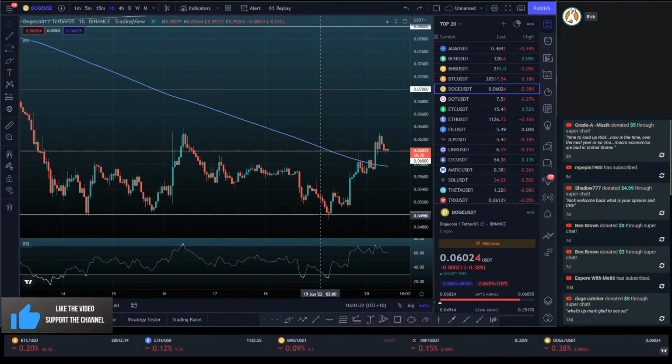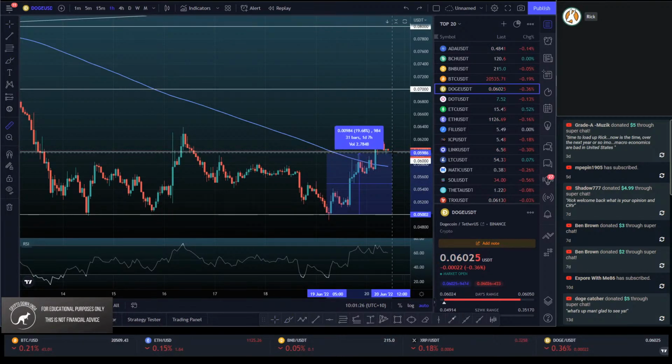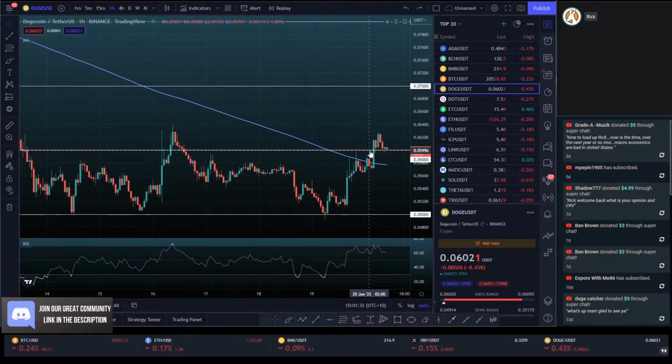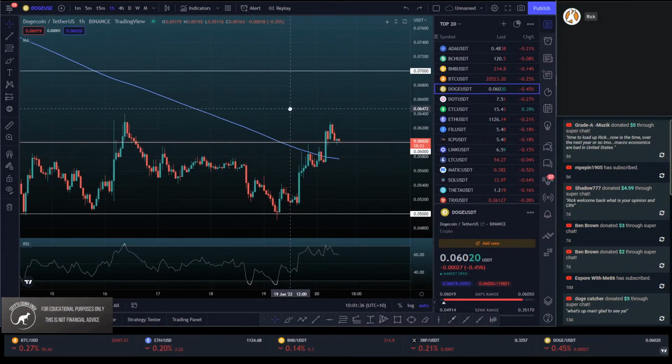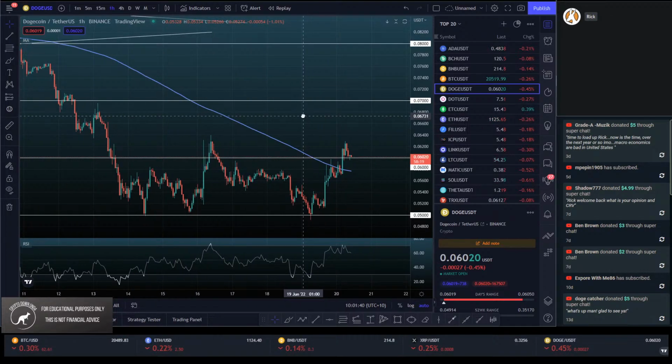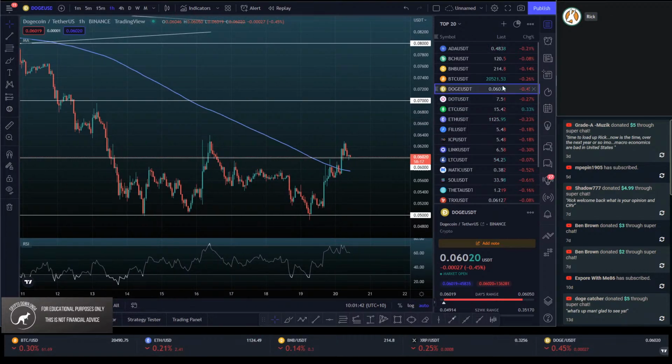And the move between 5 cents and 6 cents is a big move. What's that in percentage terms? That's 20%. There you go. 20% move up.